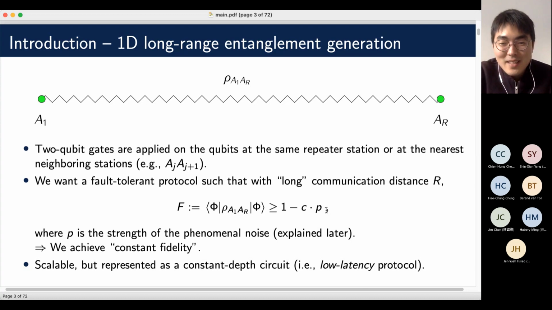So we expect the fidelity is greater than 1 minus some constant times p, where p is a parameter which stands for the strength of the noise. And I will explain what kind of noise we are going to deal with later.